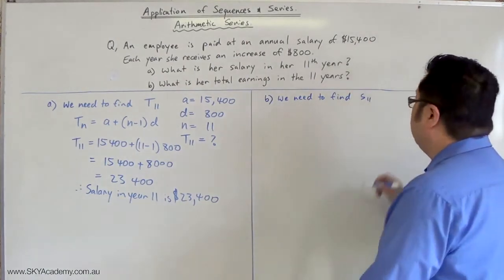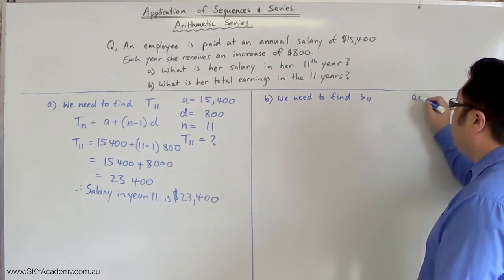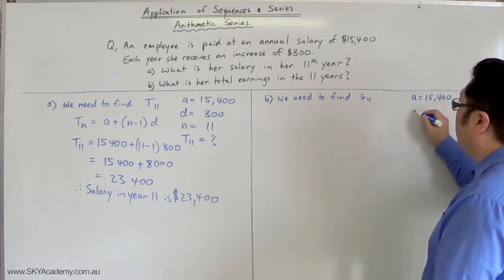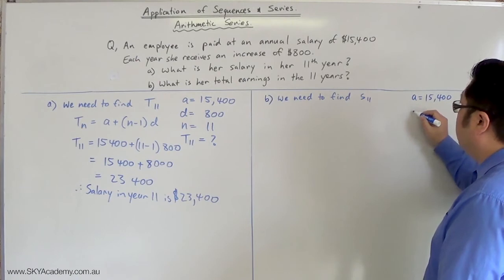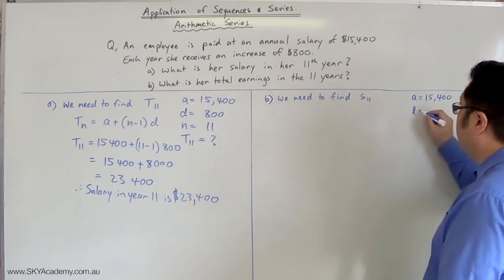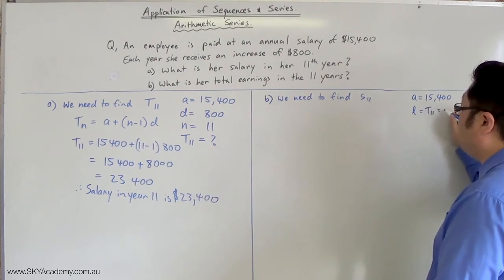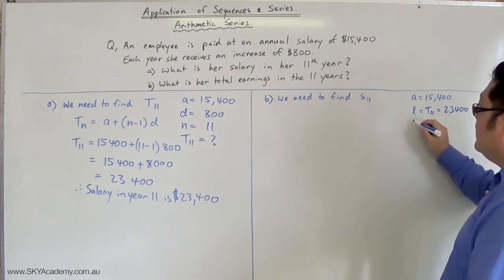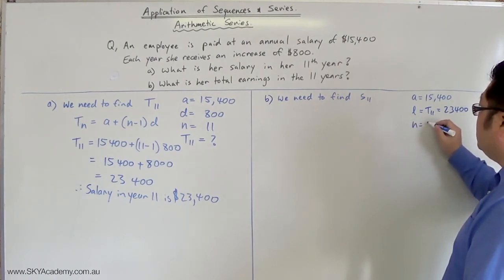Now, what we know is that a equals $15,400. We know that l, which is your last year's salary, or T11 that we just found, is equal to 23,400. We know that n is equal to 11.